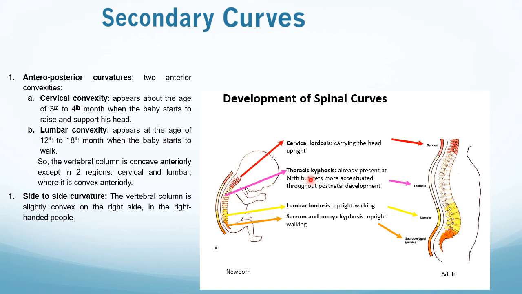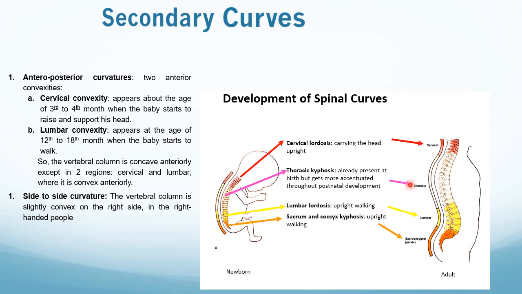Thoracic kyphosis is present from the start but increases with time throughout postnatal development. Lumbar lordosis: upright walking occurs between 12 and 18 months, when the baby starts to walk to support his body. Sacrum and coccyx kyphosis are the same as before.